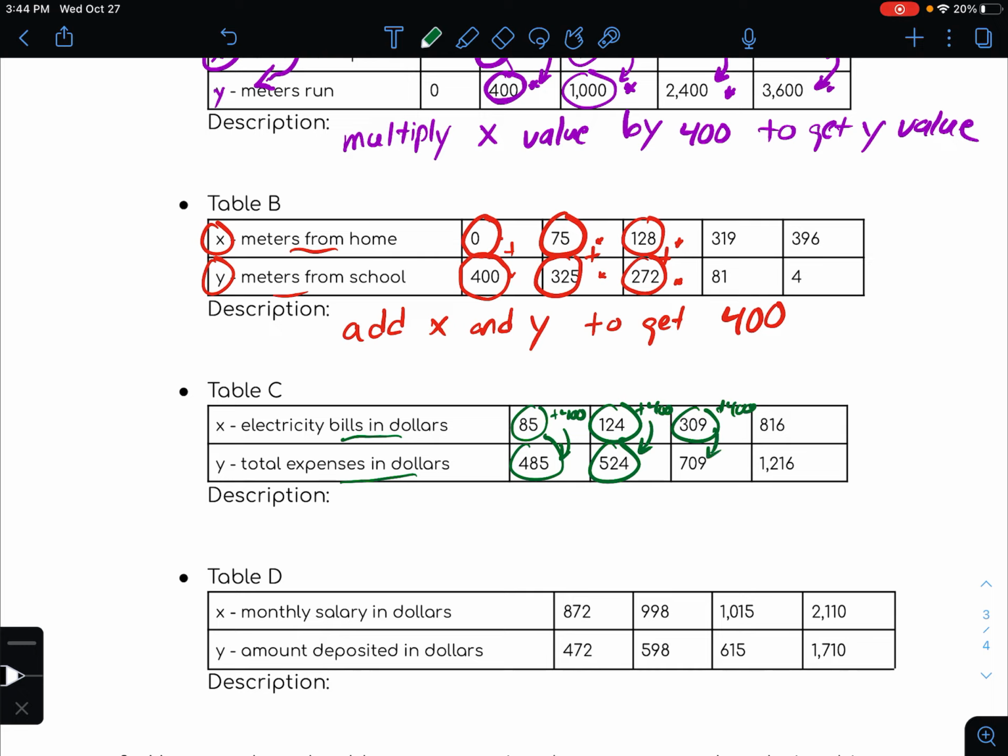So if I add 400 and x, we get y. So add 400 and x to get y.